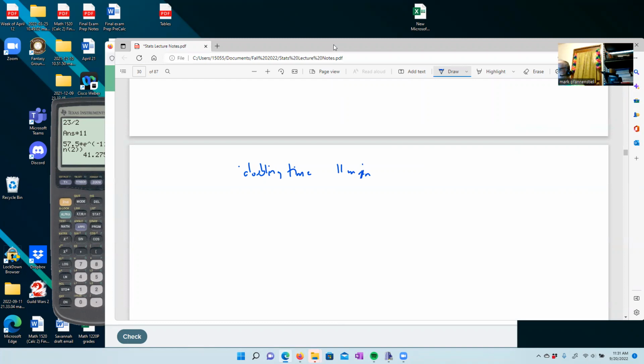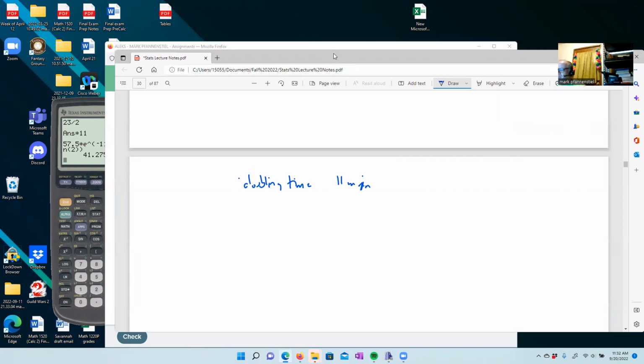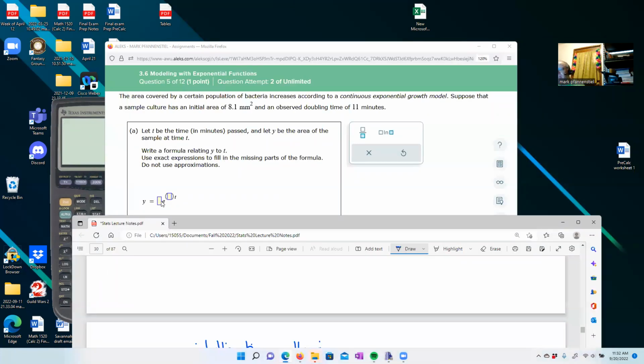Then we have doubling time rather than half-life, so it's a little bit different. We're going to say we have a population equal to an initial population times e to the kt. That's the model they want us to use. They even give us the formula, y equals something times e to the something t.